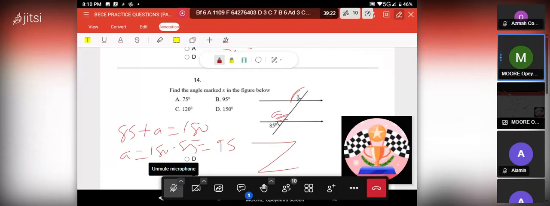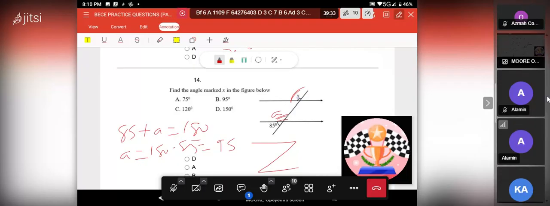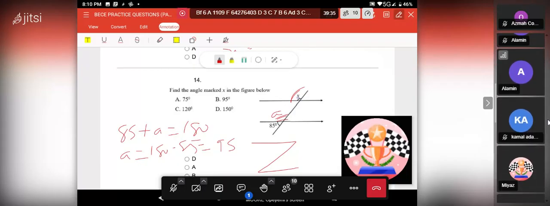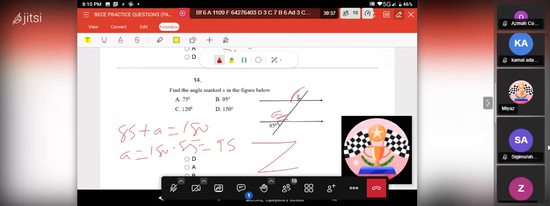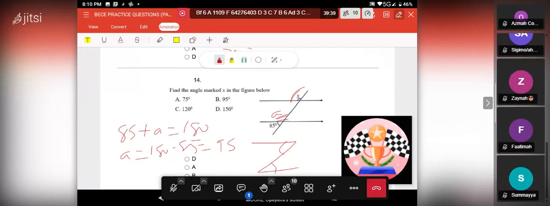If you look at the position of X and the position of A, X is on top of the line. A is also on top of the line. So they are called corresponding angles, and corresponding angles are equal. Alternate is this: when this angle equals this angle, that is alternate. It forms letter Z. Vertically opposite angles form X like this.